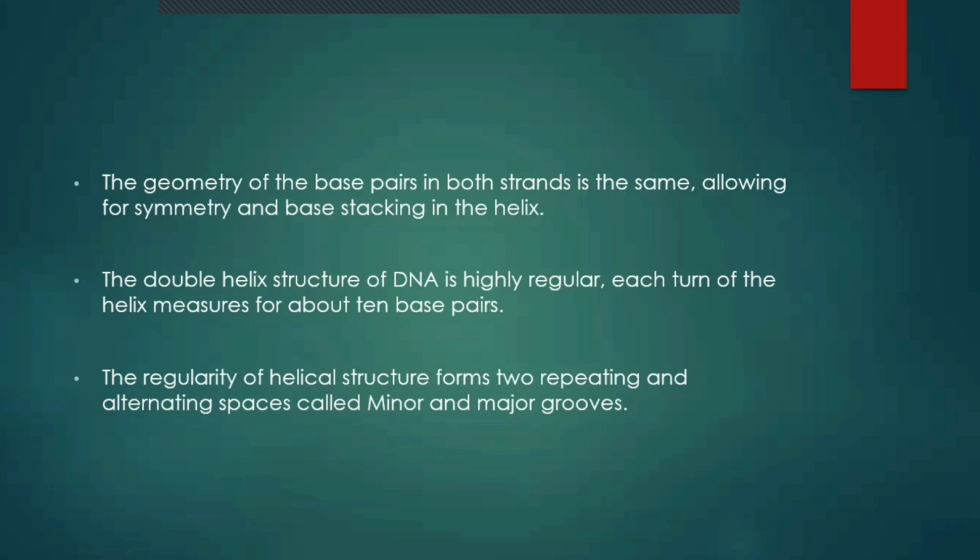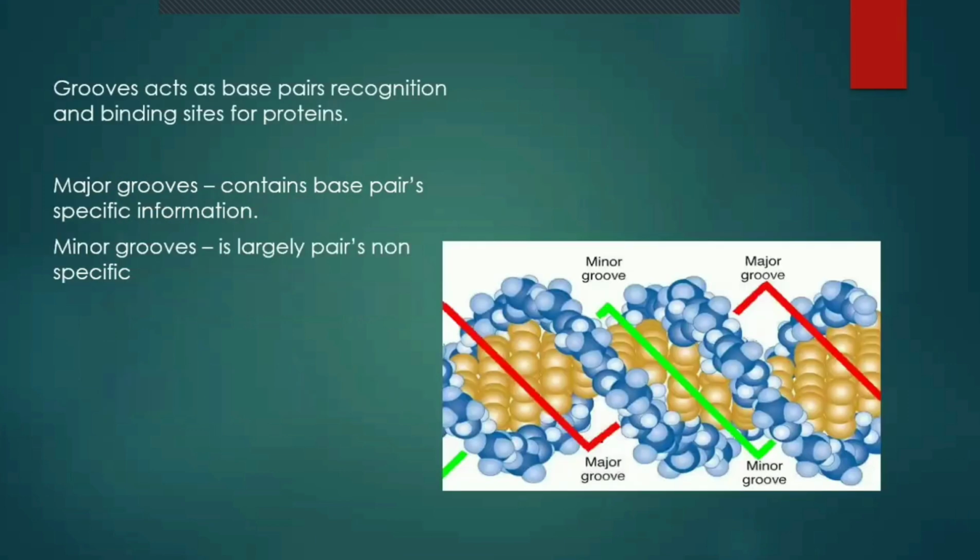Each turn of the helix measures about 10 base pairs. The regularity of the helical structure forms two repeating and alternating spaces called the minor and major grooves. Grooves act as recognition and binding sites for proteins. Major grooves contain base pair specific information.